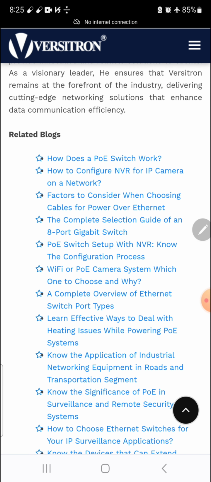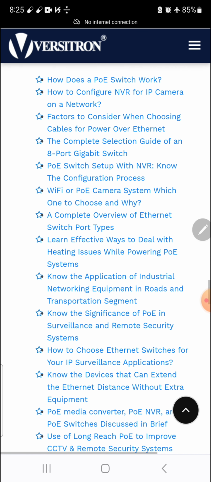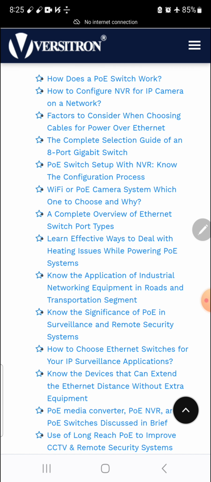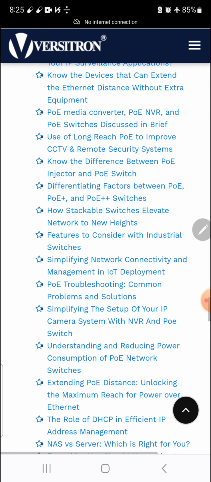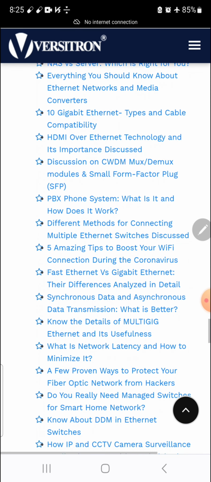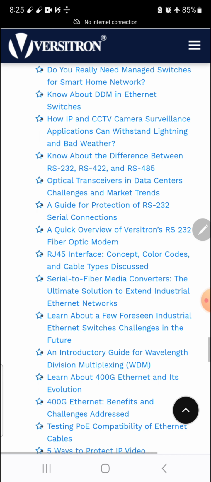Related blogs: how does a PoE switch work? How to configure an NVR for an IP camera on a network? Factors to consider when choosing cables for power over Ethernet, and so on. There are many good articles that you can read at your leisure time.